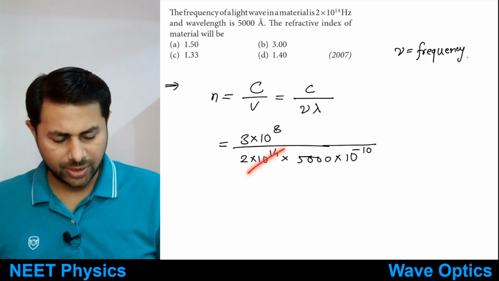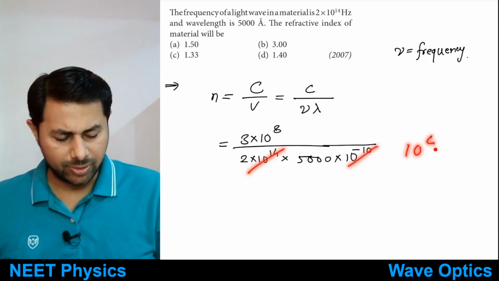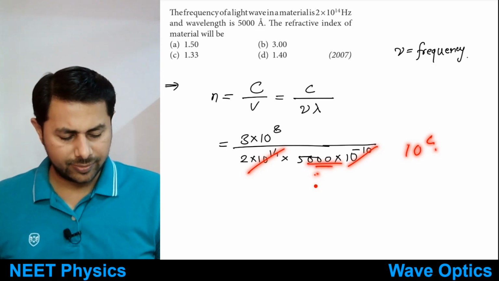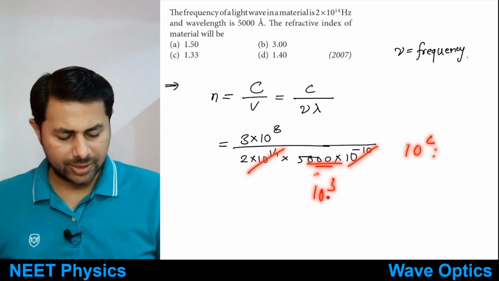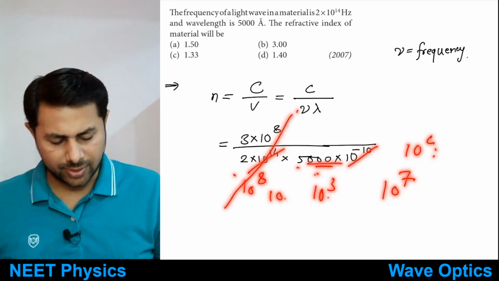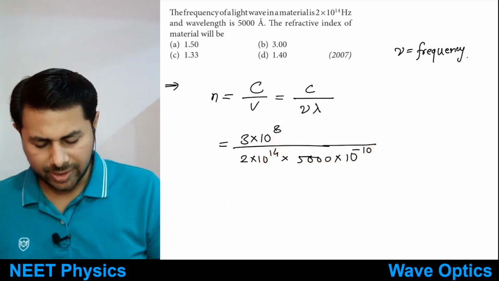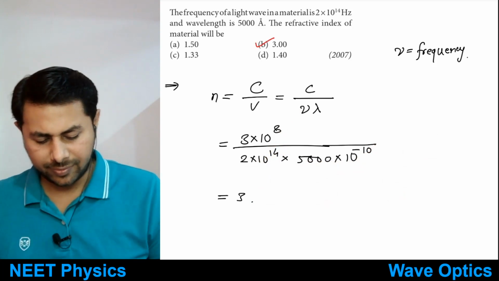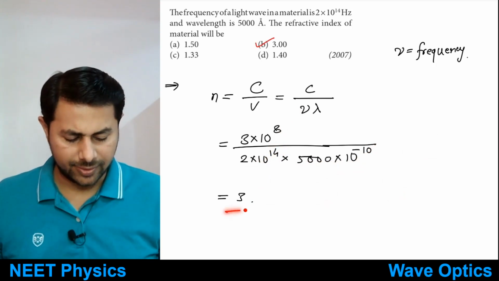This is 10 raised to 14 minus 10 is 10 raised to 4, and this thing is 10 raised to 3. So 10 raised to 4 plus 3 is 10 raised to 7. 5 times 2 is 10 again. So this all is 10 raised to 8, so this all gets cancelled out. What remains is 3. So refractive index is 3. Very, very simple question, right?